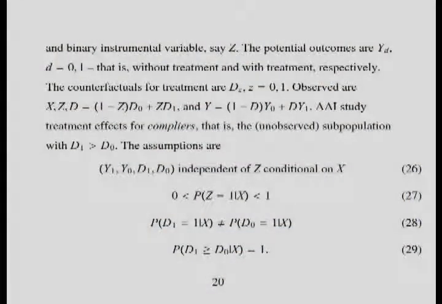Abadie actually looks at various features of a distribution, and the AAI paper focuses on quantile treatment effects. So the treatment in this case is binary, and call it D, to be consistent with their notation. And this is set up in the potential outcomes framework that, of course, is closely related to the local average treatment effect setup, where you have a binary instrument Z, which is most easily thought of as eligibility for some sort of program, and then D is actual participation, and then there are potential outcomes Y sub D in both states, with and without treatment, or without and with treatment.